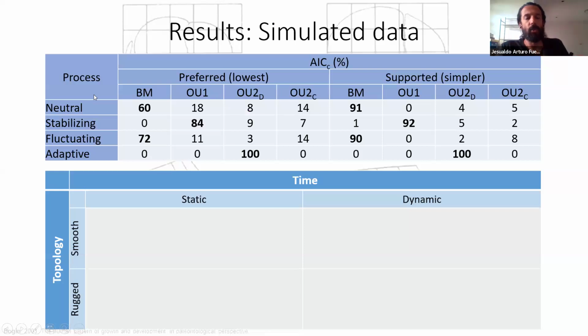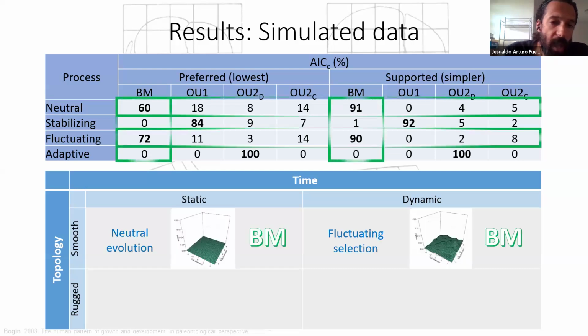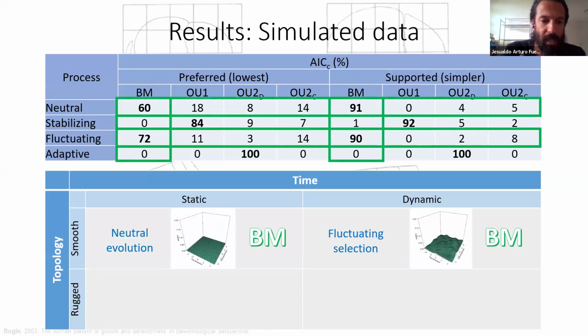So what we see using information criteria and accounting for the complexity of the models is that indeed there are patterns. Basically, there are specific models that are favored depending on the evolutionary processes. When we have smooth surfaces, basically surfaces with no noticeable peaks, the preferred model is Brownian motion, which is consistent with what we see in the univariate literature. Now, when there are noticeable peaks, Ornstein-Uhlenbeck is a better explanatory model.